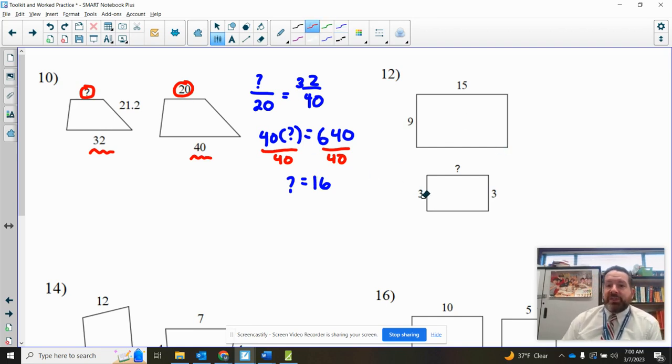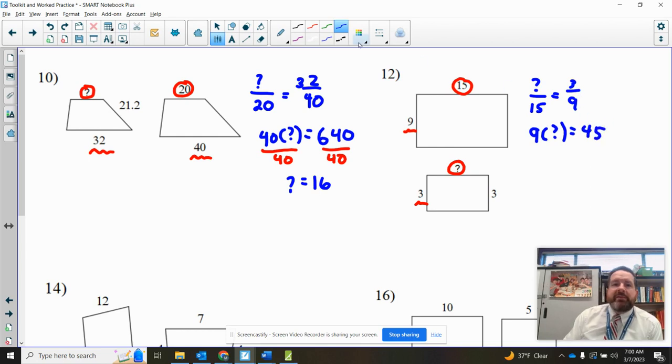Over here now, same thing, let's match up some corresponding sides. So just looking at the shapes, the 3 and the 9 kind of match up, and the question mark matches up with the 15. So let's set up our ratio. Question mark compared to 15, so small shape to big shape, is the same as 3 compared to 9. Cross multiply, 9 times the question mark is 45.